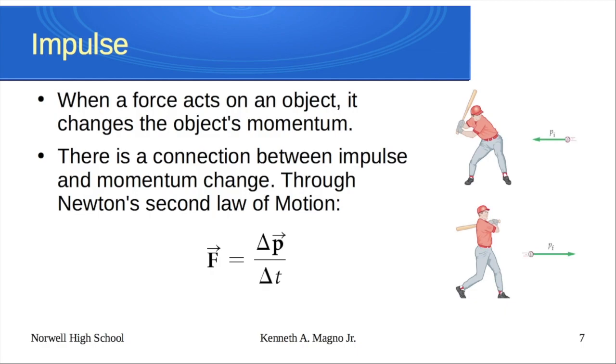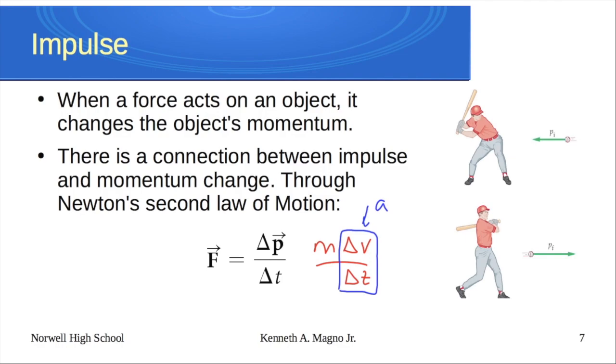This connects us back to Newton's second law because we're dealing with the idea of a force. Force is changing the motion of an object in some way. If we notice here, this change in momentum is like mass times a change in velocity, because generally our mass isn't changing, over a change in time. Well, isn't that our definition for acceleration? So mass times an acceleration, which was second law, F equals ma.